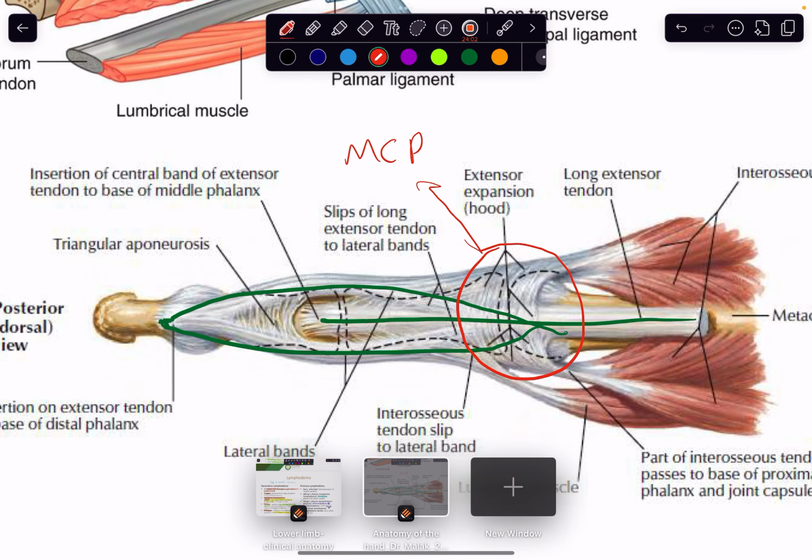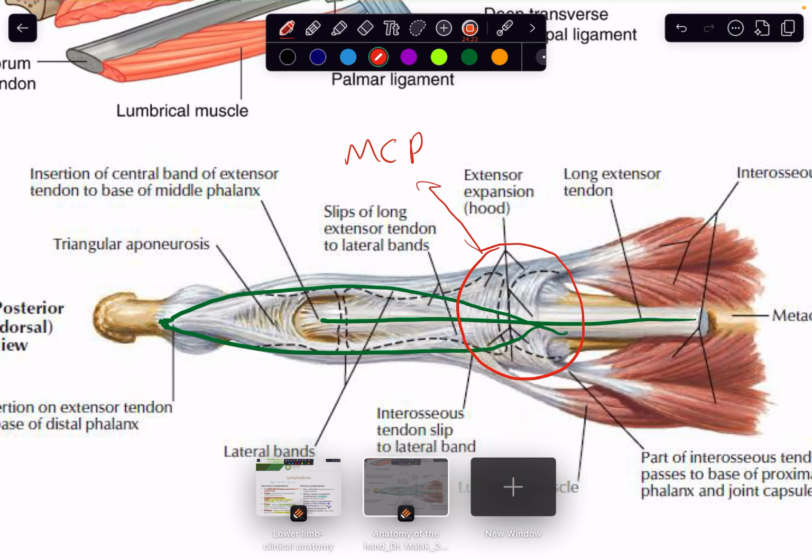Now this is the posterior view, and all things are on the back of the hand, right? If you pull the distal phalanx from the back, which action will be done at this interphalangeal joint, distal interphalangeal? Extension or flexion?